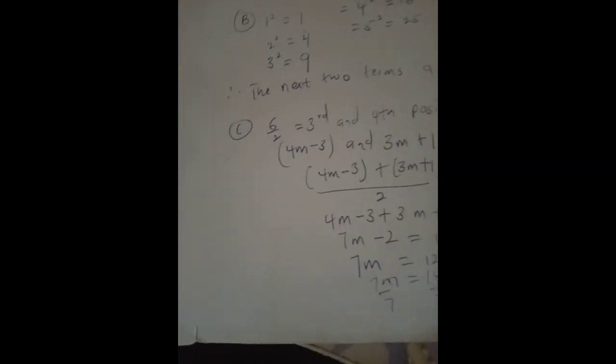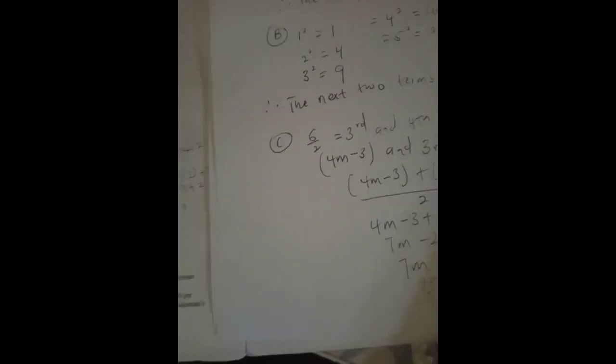If you want, you can test your answer by putting 2 into your equation and seeing if we get 6. So 4m minus 3 plus 3m plus 1, all divided by 2, should be equal to 6. Let's put m equals 2.